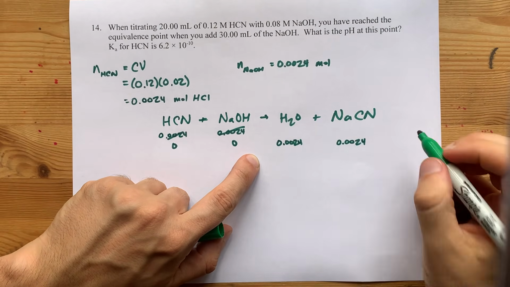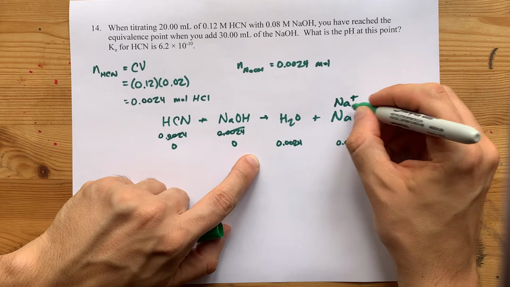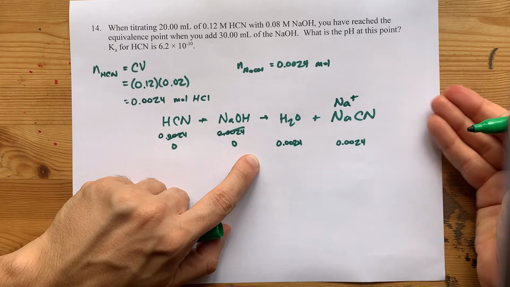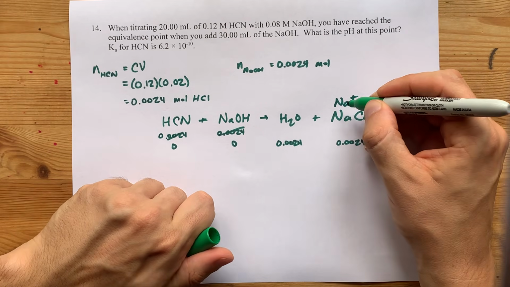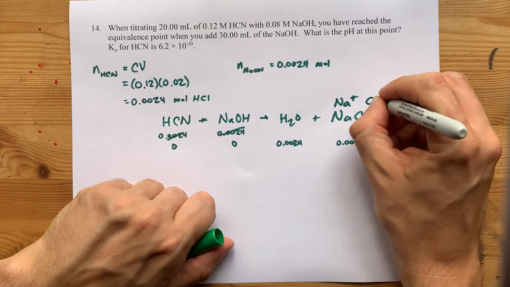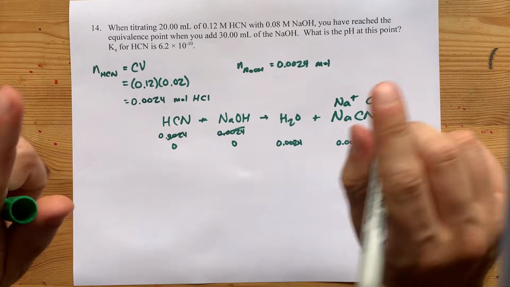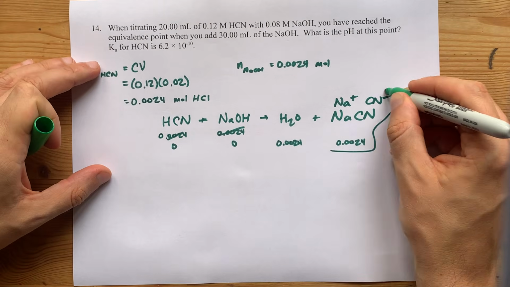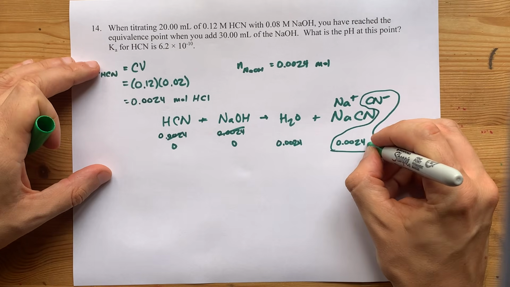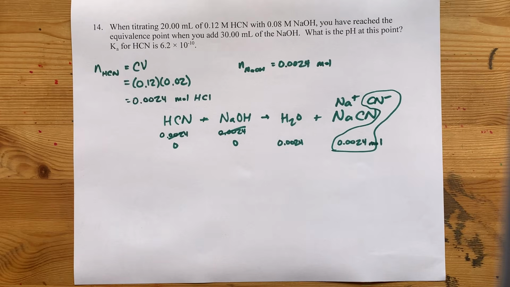Here we go. The Na+ that is part of this salt is powerless. It's the counter ion for a strong base, and so doesn't do anything. CN- is the conjugate base of a weak acid, so it does have an effect on pH. This is what matters when we're calculating the pH at equivalence.